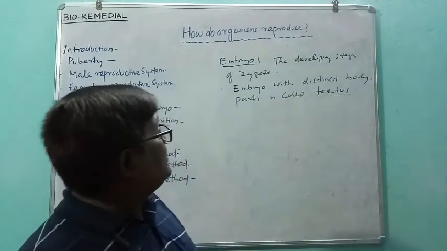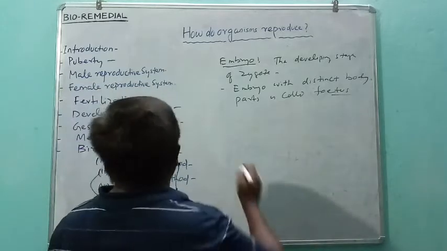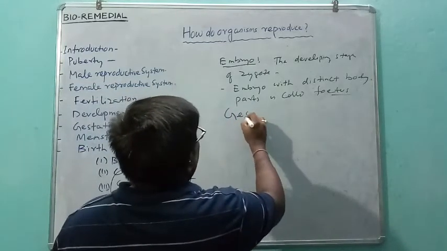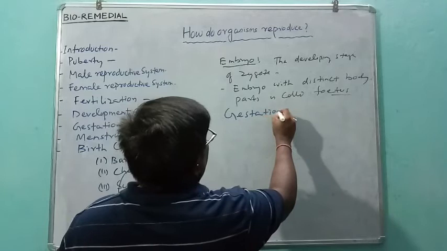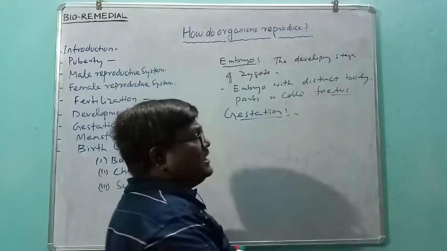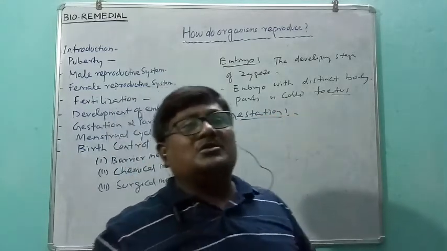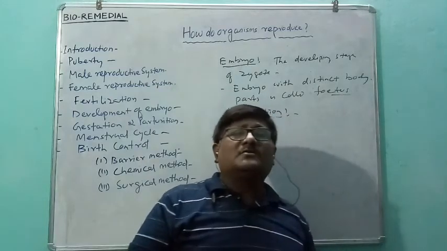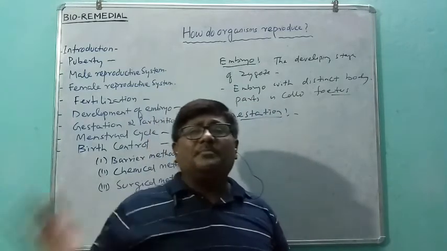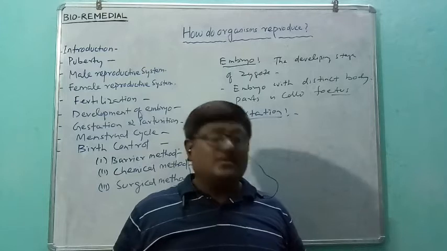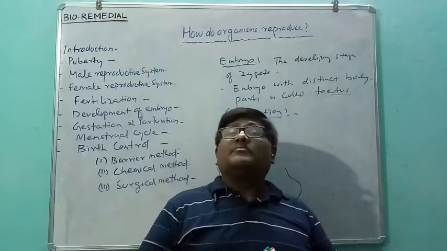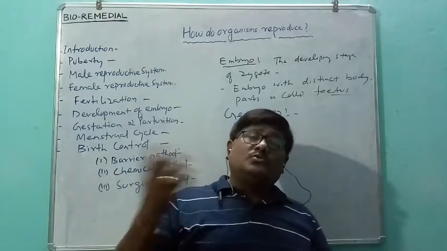Then the next term we will explain, that is gestation. What is gestation all about? The pregnant lady conceived the baby from the fertilization date to delivery. The entire period of pregnancy, from fertilization to the delivery.